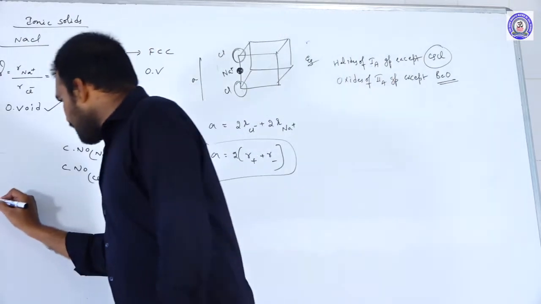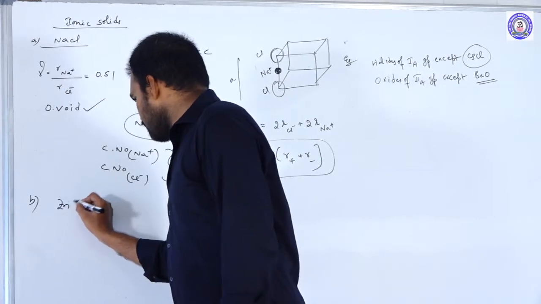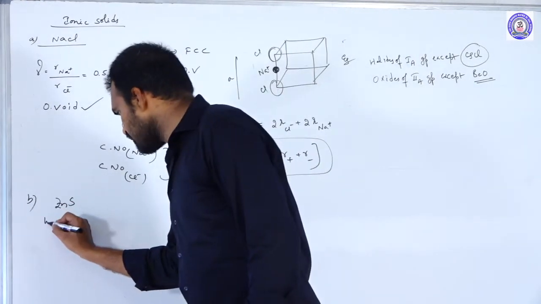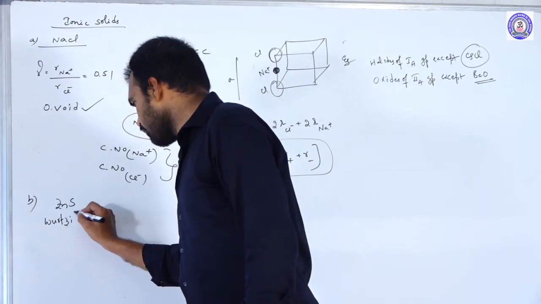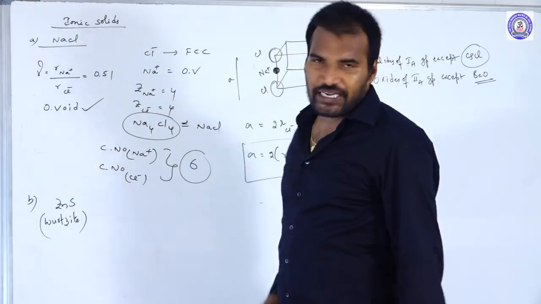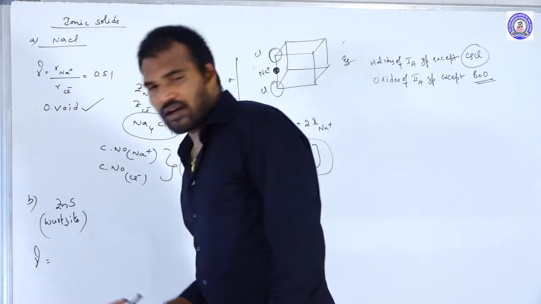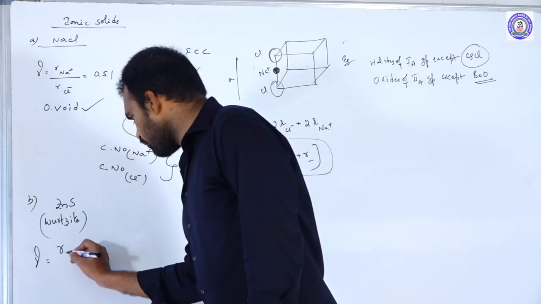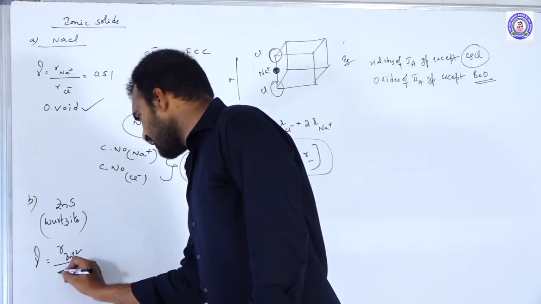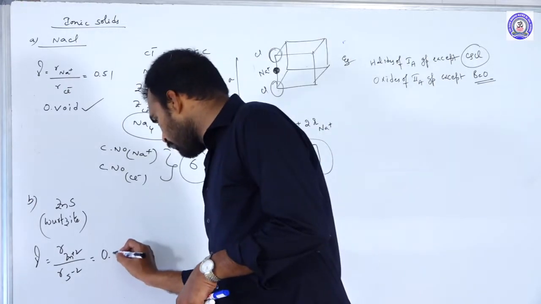The second ionic solid I am going to discuss is zinc sulfide. This is also called wurtzite, zinc sulfide. This is also an AB type of salt. When we calculate the limiting radius ratio gamma value, that means the radius of Zn2+ to the radius of the sulfide ion, we got 0.31.